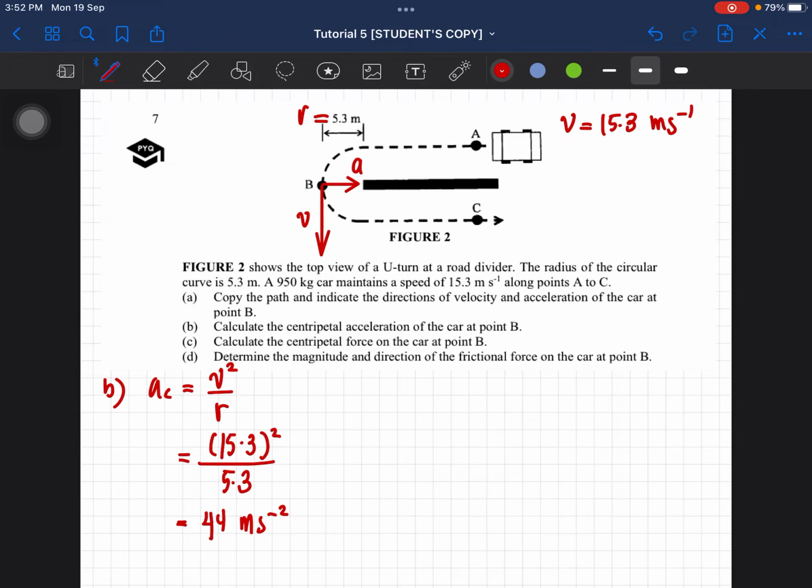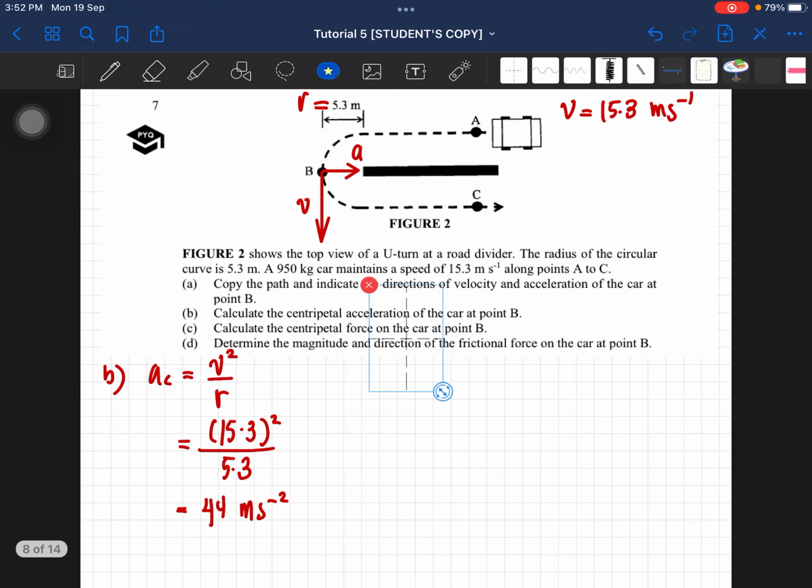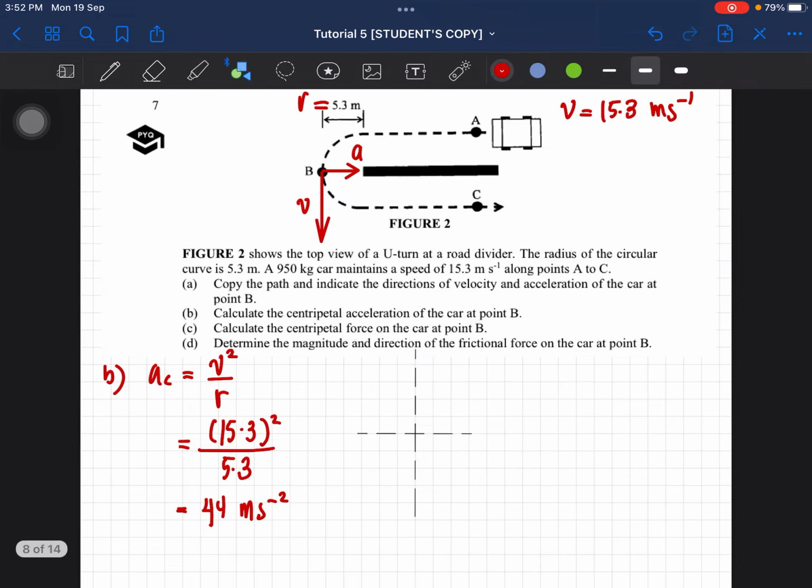Next, we have to calculate the centripetal force on the car at point B. For this question, if you draw the free body diagram, we have the normal force and the weight, and then we have the friction, which is going towards the center of the circle.